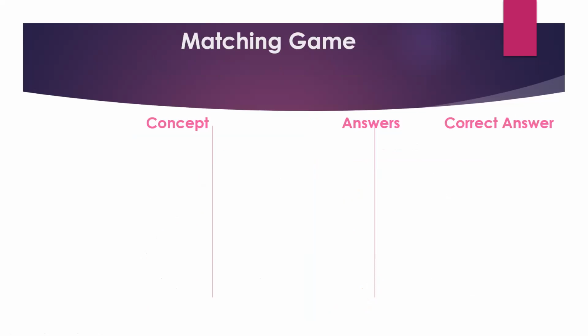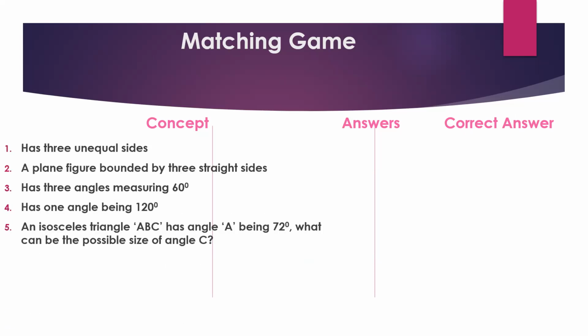Now here's a matching game for you, and I'd be happy if you can complete this the correct way without cheating, in terms of you place the presentation on slideshow and you look at them individually. So these would be the concepts, right?